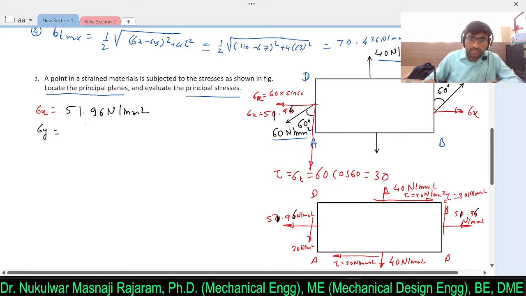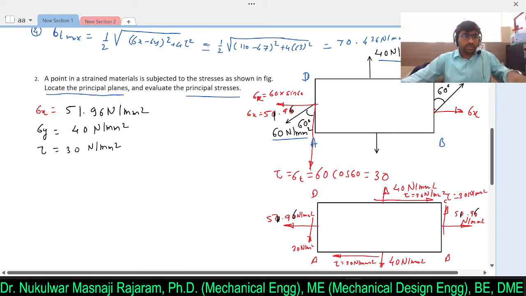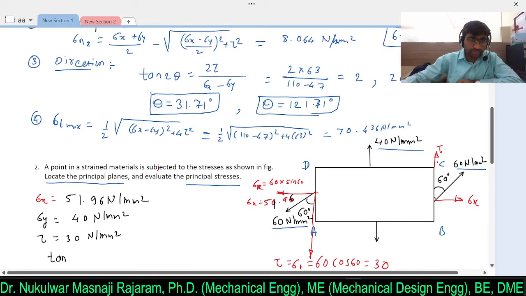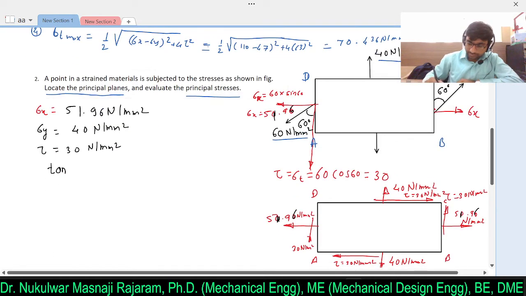Then sigma y is already given, that is 40 Newton per mm square, and tau we have evaluated, that is equal to 30 Newton per mm square. Clear? Now what is asked? Principal stresses and location. First we will see the location, using the same formula which you used in the previous case, that is tan of 2 theta equal to 2 tau divided by sigma x minus sigma y.